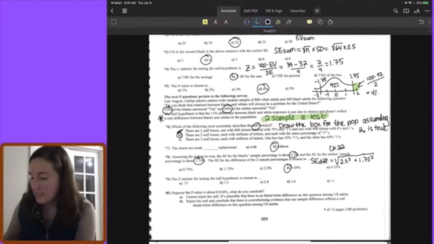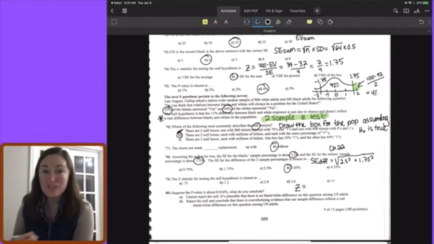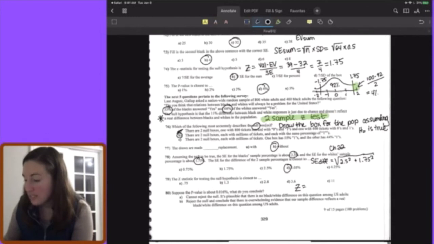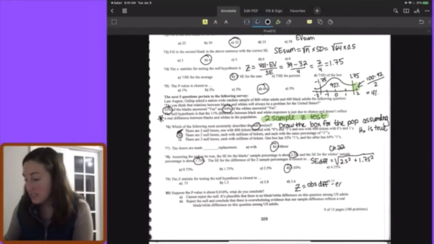So to find our test statistic Z, I'm doing the two sample z-test, so I have two of everything. I have the observed difference, so the difference in the two values, like value minus expected value, minus the expected difference, over the standard error for the difference.